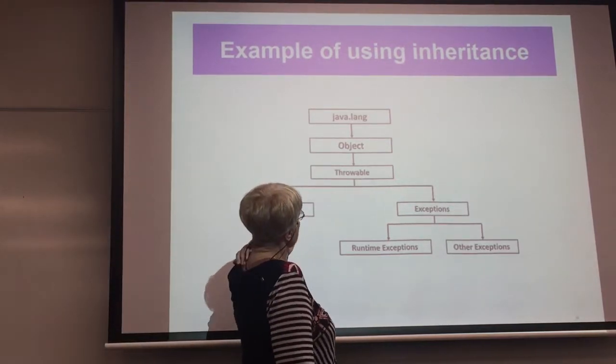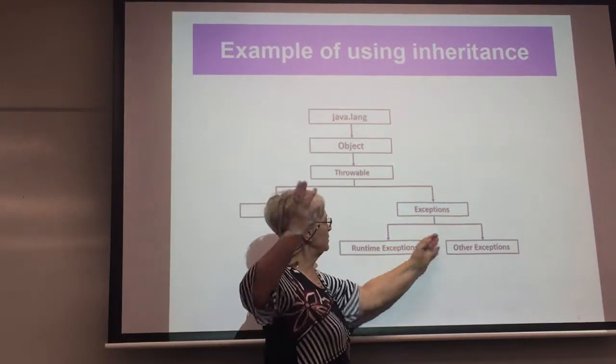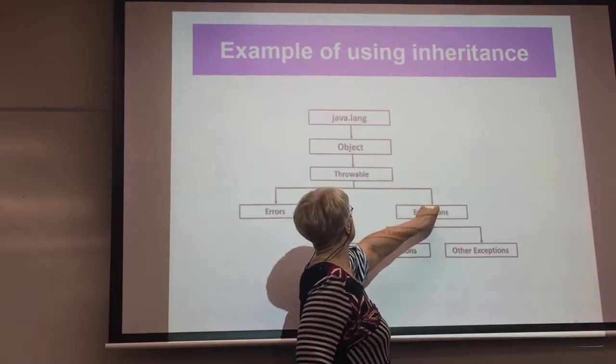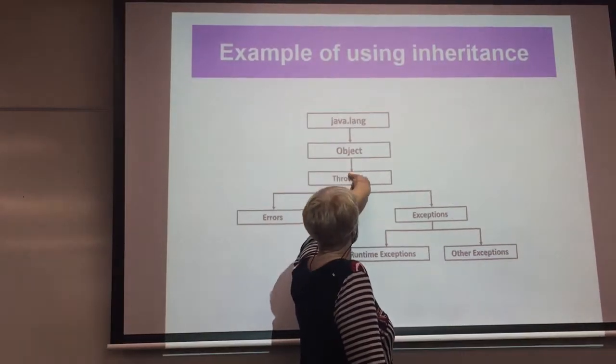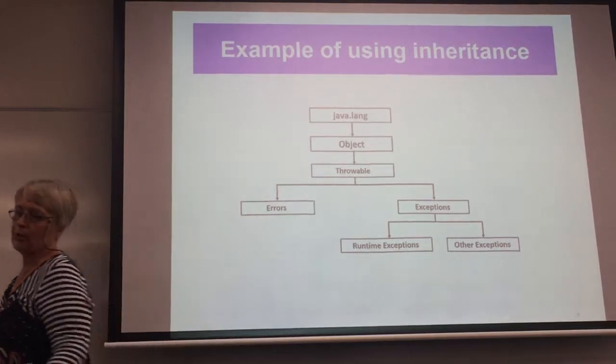As you can see here, for example, exceptions come in different flavors. RuntimeException is derived from Exception, which is derived from Throwable, which is derived from Object.